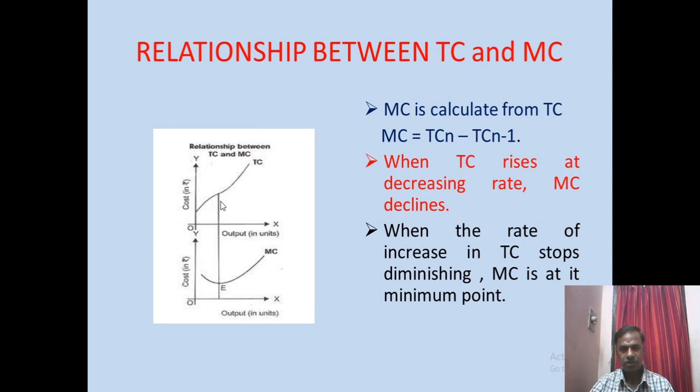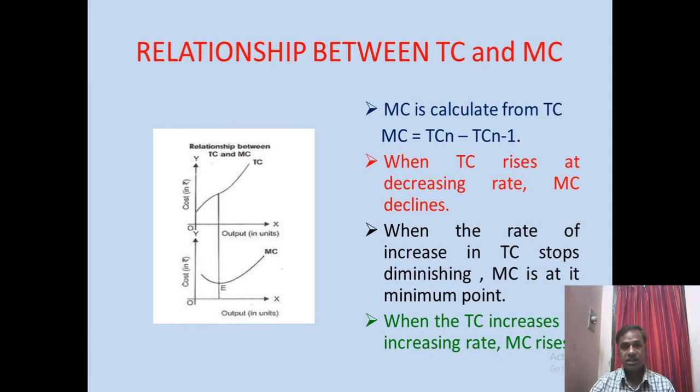At this point, the MC will be at its lowest point, its minimum point. Then, when the TC increases at increasing rate after this point, then MC rises.